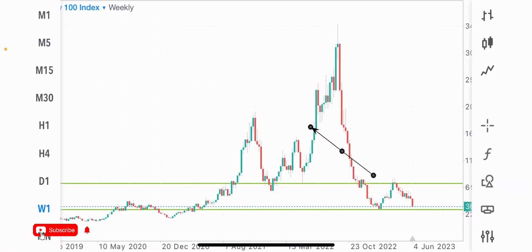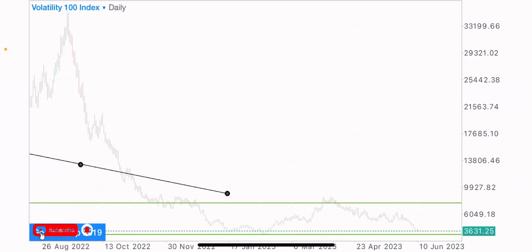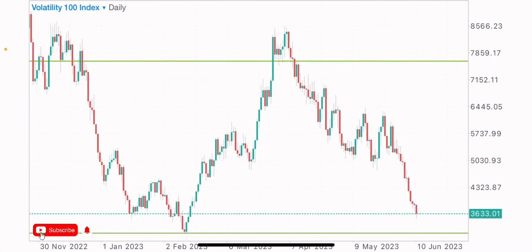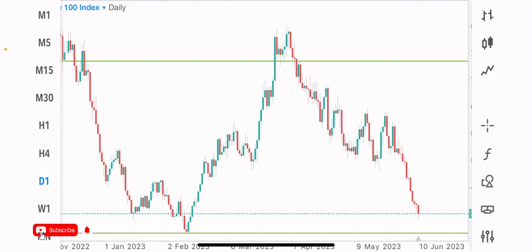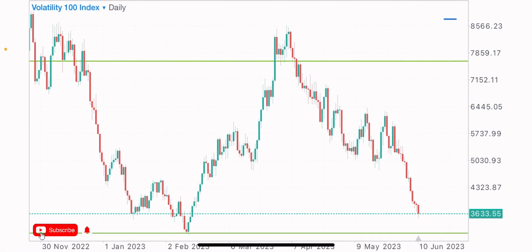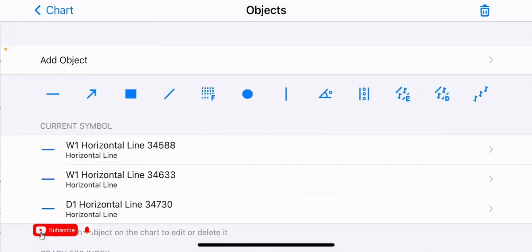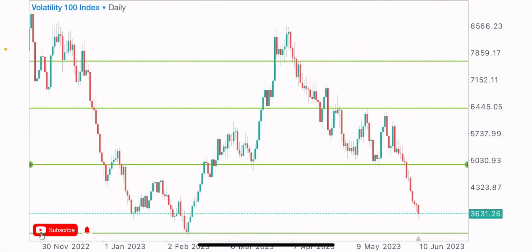Okay, so let's go to the daily time frame to check the market structure. On the daily time frame, we can see that we have levels as well, which we also have to identify. We have this level of resistance, level of support turned resistance.